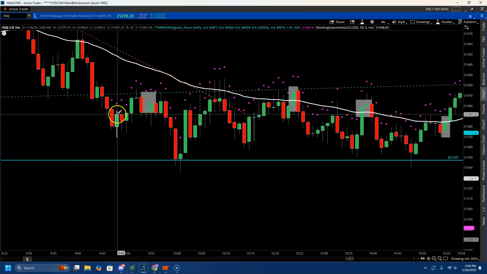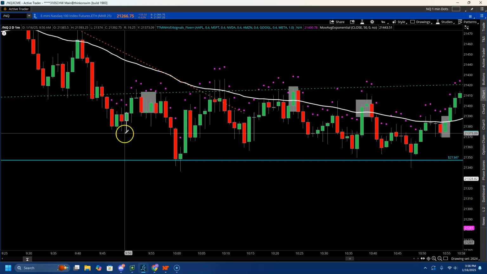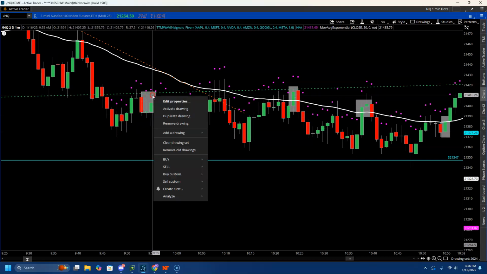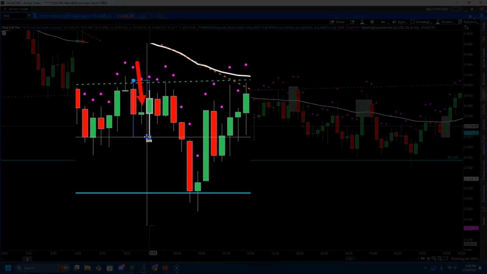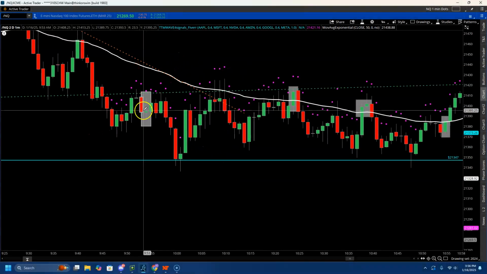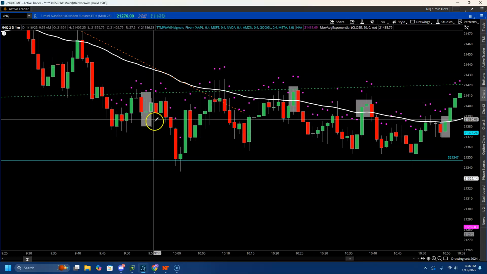If I was there with an entry at 391, it went in my favor around 15 points before going against me. But I ended up trading this particular bar that I've highlighted right here. I got into a trade at about the same level, around 394. It did not stop me out, so I'll go through the actual trade setup as well.